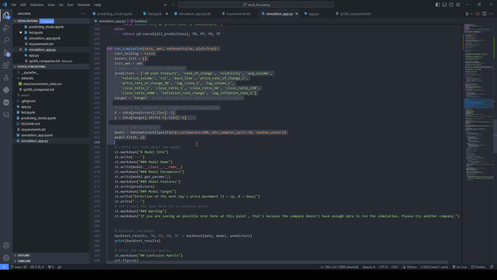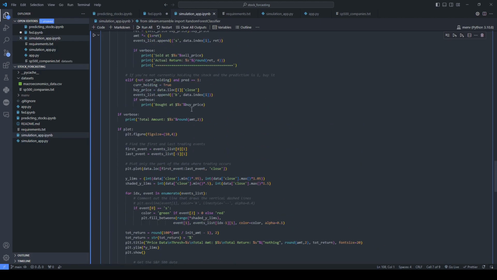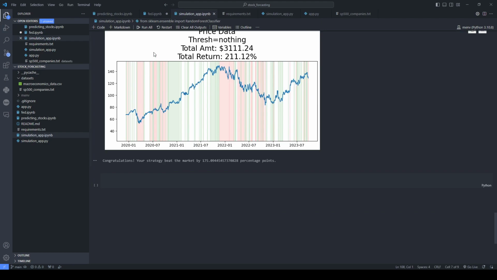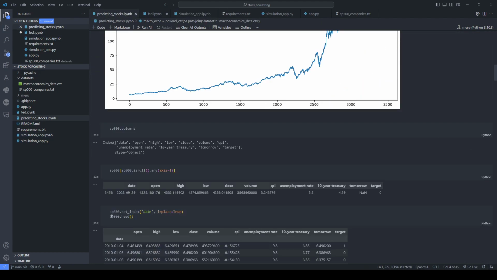And this is the main function, the simulation. These are the predictors that we concluded. As I said, in my playground files I concluded these, and you can check them out here. You can see the same function here too.